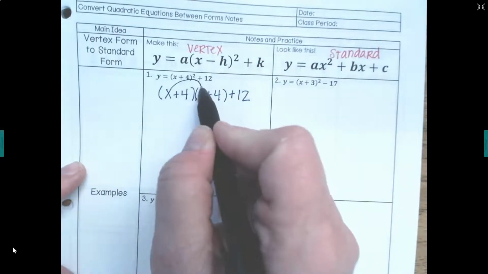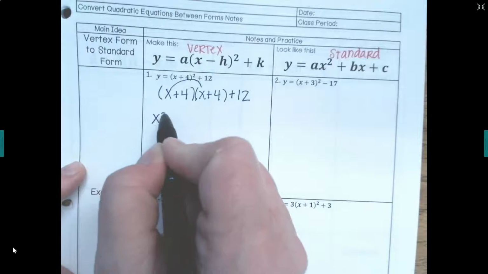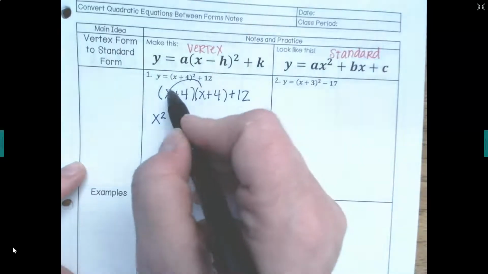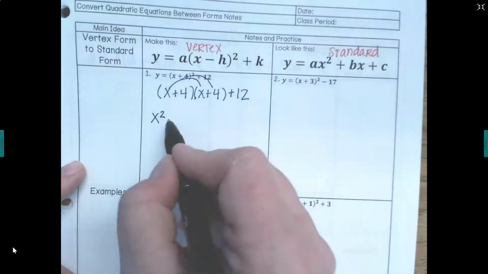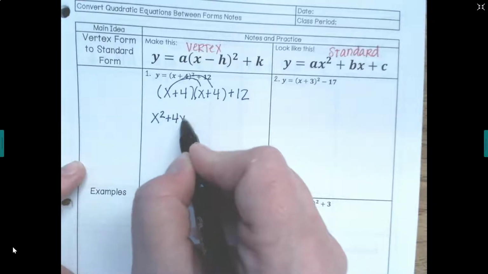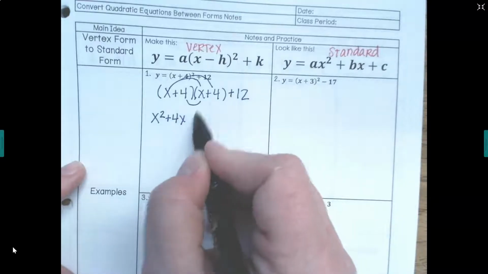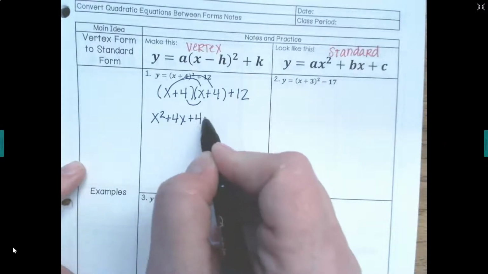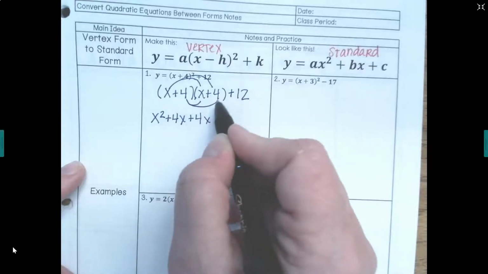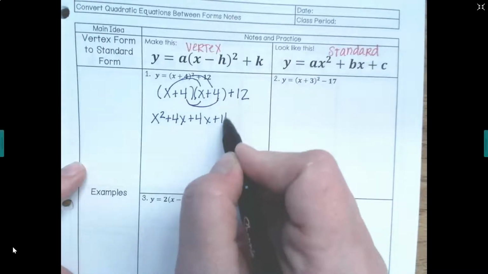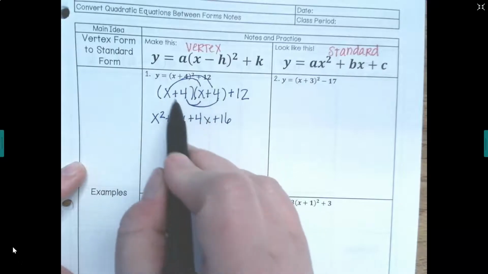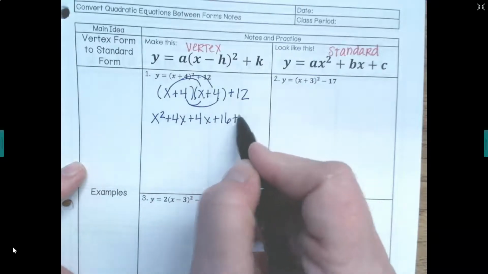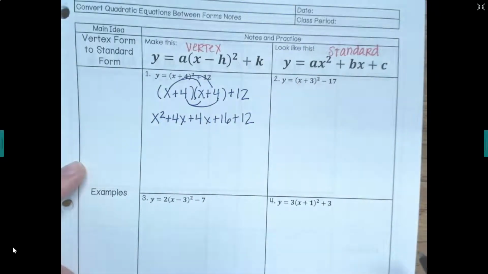So we have x times x, or x squared. X times 4 for 4x. 4 times x for 4x again. And 4 times 4 for 16. So I FOILed the two parentheses, but then there's still a plus 12 on the end.